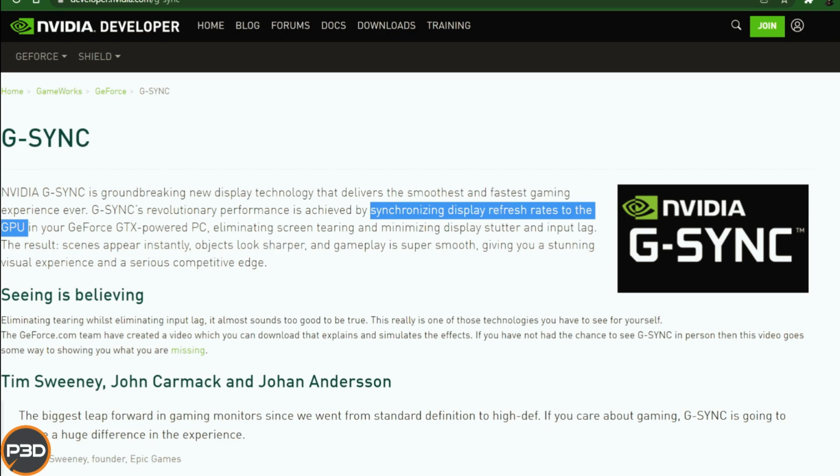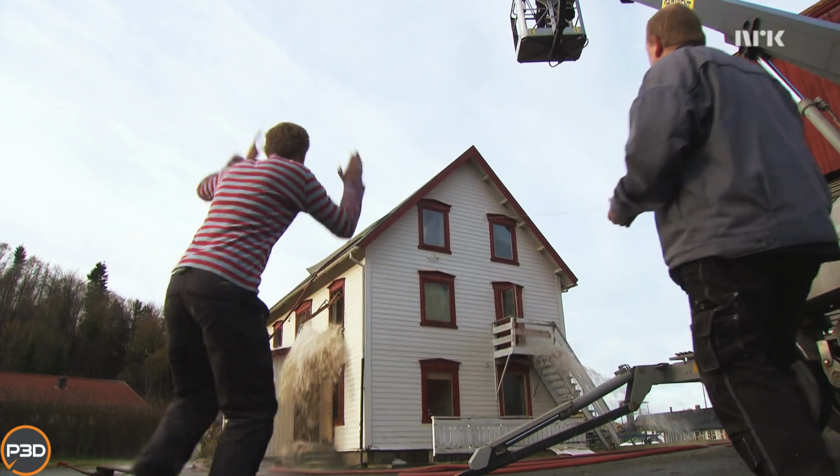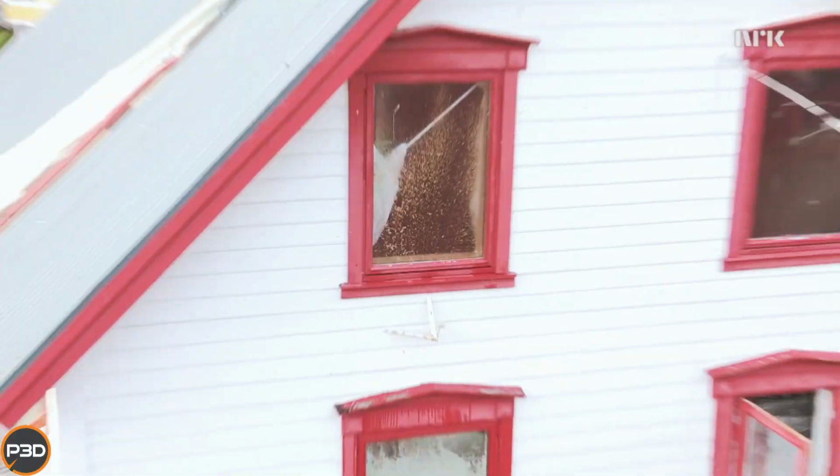If you have a potato to begin with, it ain't suddenly going to turn into gold because you've got a G-Sync monitor, okay? If your GPU, your RAM, and your CPU collectively working together cannot display 144 FPS in P3D, with the add-ons you're using, it doesn't matter what mystical bullshit Nvidia is trying to sell you. If your hardware doesn't support it, just forget it.